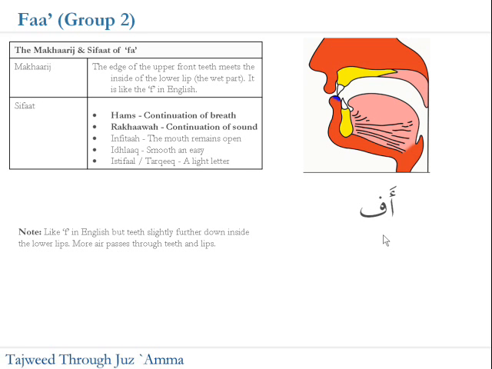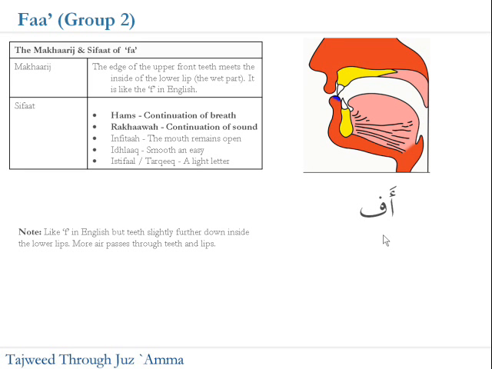So normally in English you may say Af, but in Arabic it would be more like Af. Okay, so you just touch the upper incisors to the lower part of the inside of the bottom lip itself. Okay, and that's called the wet part of the lips.